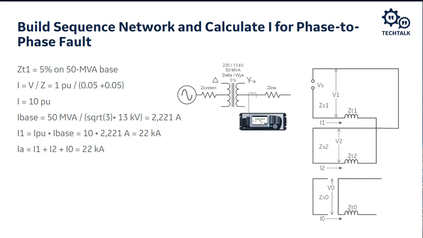Calculated previously that our base quantity was 2,221 amps. We can multiply that by the 10, and that's 22 kA. We sum the three networks together, and we're going to end up with the same 44 kA.